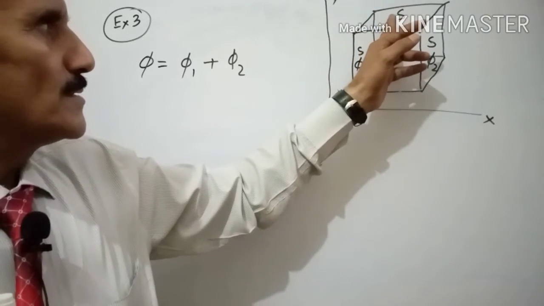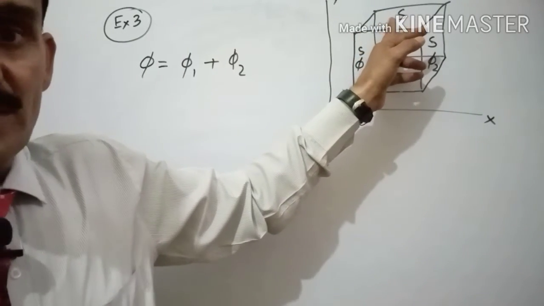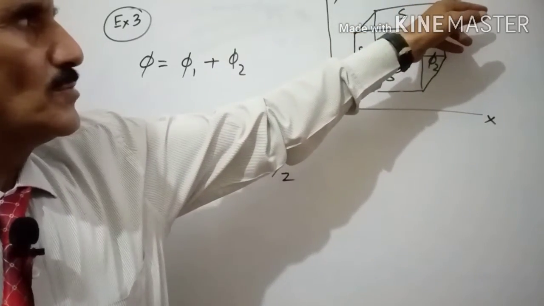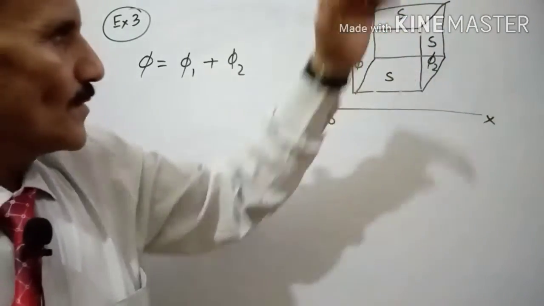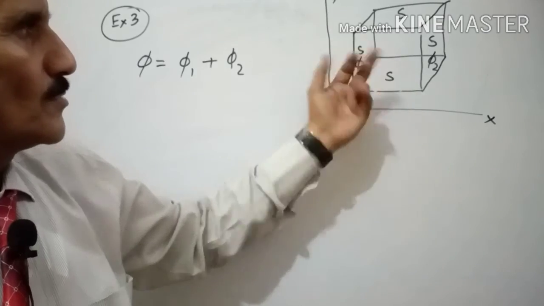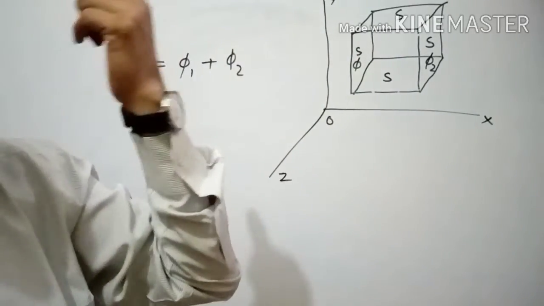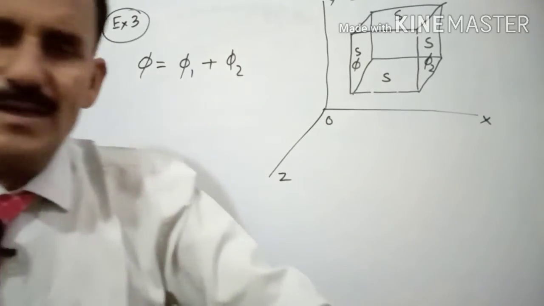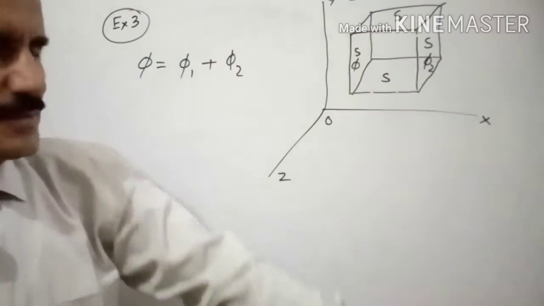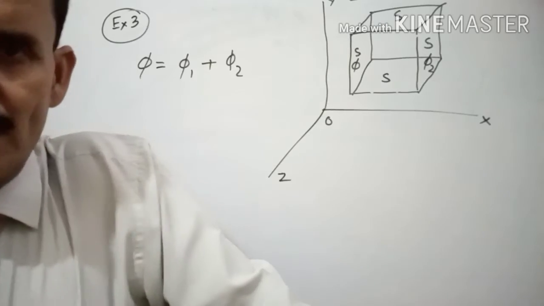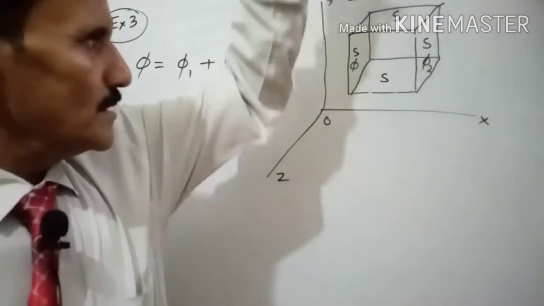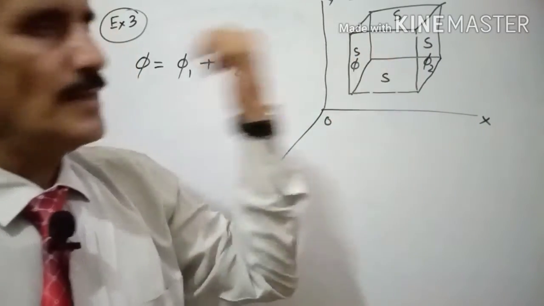Why? Since we are taking the vector area here, this is perpendicular to E. This is also perpendicular to E in another direction. So there is always 90 degrees for the rest of the 4 surfaces. It is perpendicular like this and it is perpendicular like this.